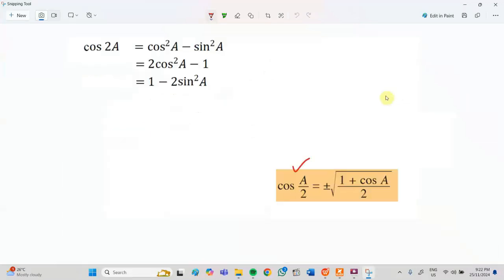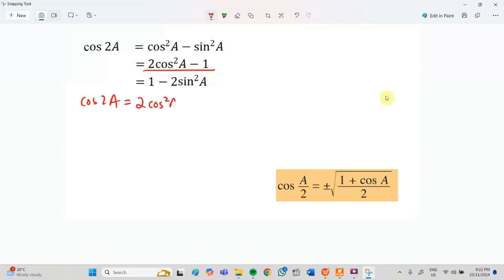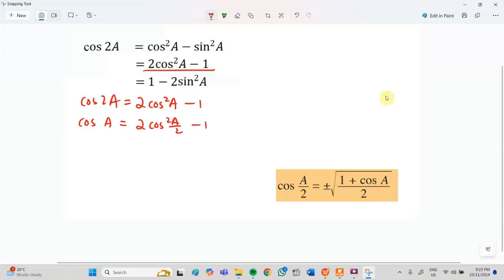Okay, for cosine a over 2, we need to use this part of the formula, the double angle formula. So we're going to start from here. Cosine 2a equals 2 cosine a squared minus 1. And we are going to take half of the angles. Okay, so here divide by 2, here divide by 2. Yep.